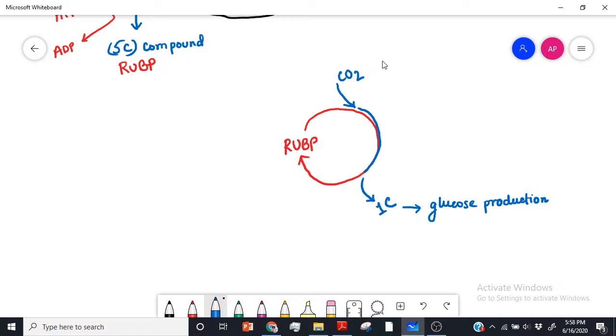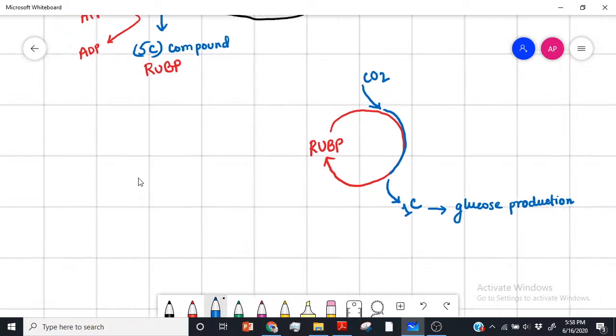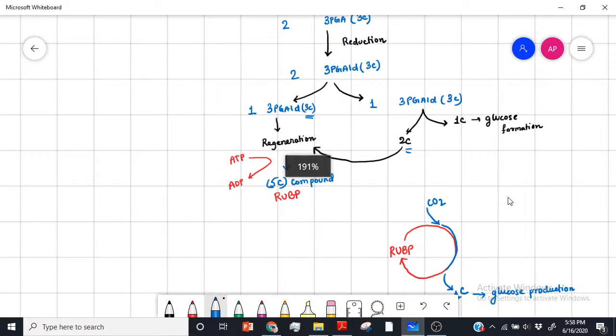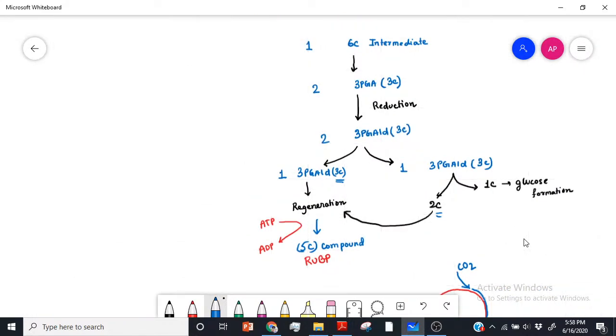Right. Now another thing that we saw, understand this, in this reduction what happened? In this reduction we saw utilization of 2 ATP, one for each 3-PGA molecule, and 2 NADPH, right?